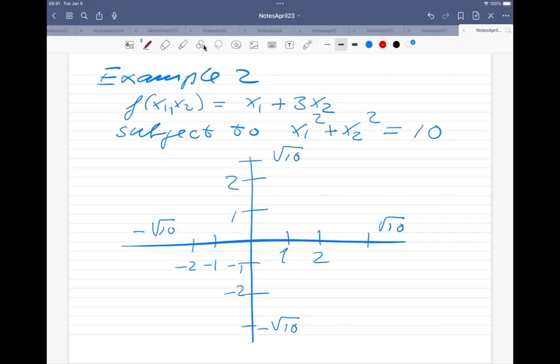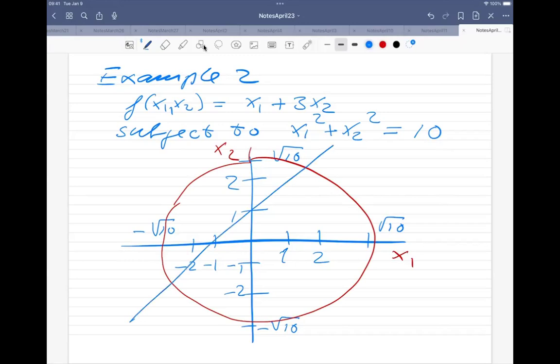So we have a circle which intersects the x1 and the x2 axes. So we have x1, and then we have x2 here. And then we have the straight line, which then intersects somewhere here. So this is not an optimal figure, but I hope you can accept my lack of drawing capabilities here. So this is a straight line, and these are the points which we want to find.